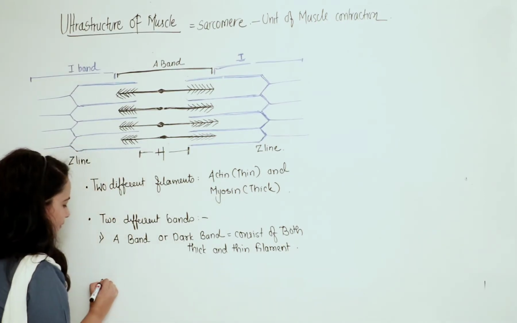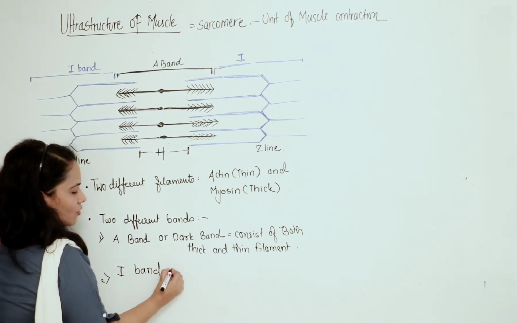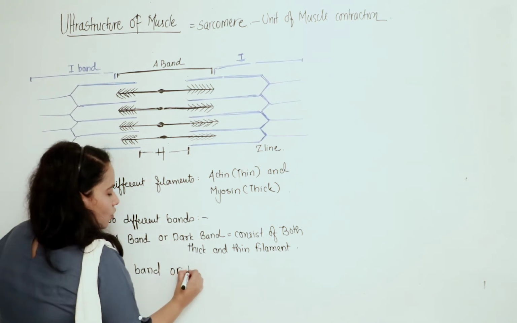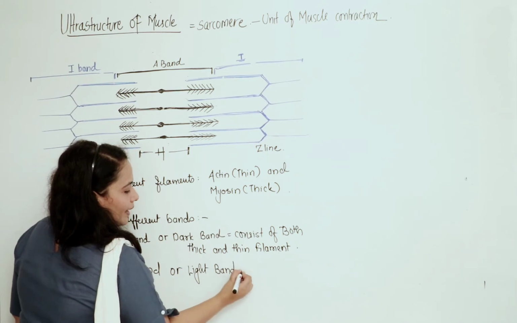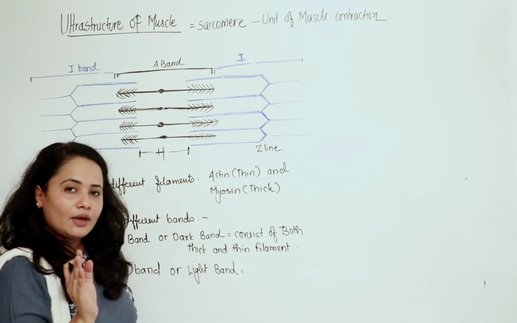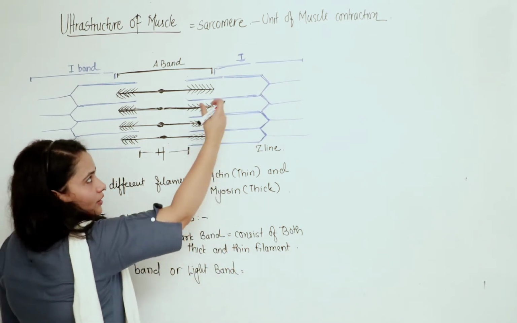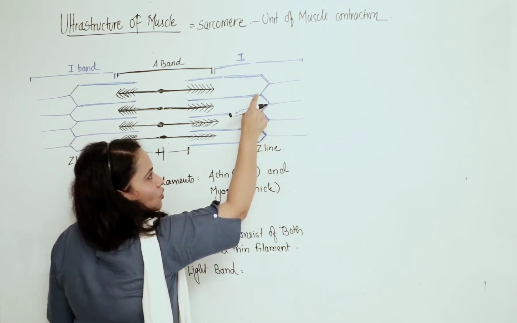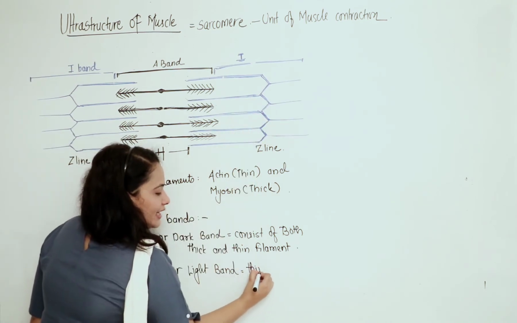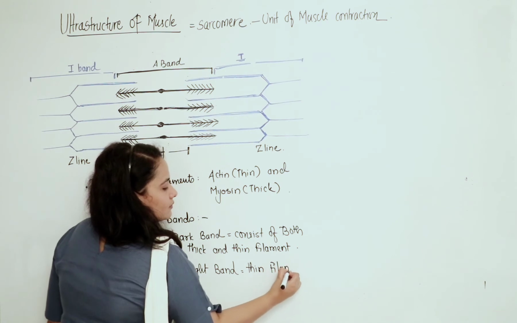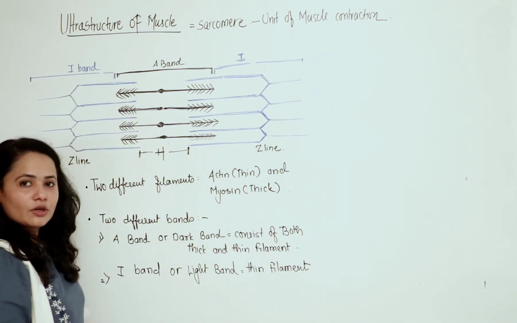So the second band is known as the I band, or light band. Light means comparatively faded. So if it is light, which filament does it consist of? As I told you, this blue colored one is the thin filament. So the light band consists only of thin filaments. I hope it is very clear to you.